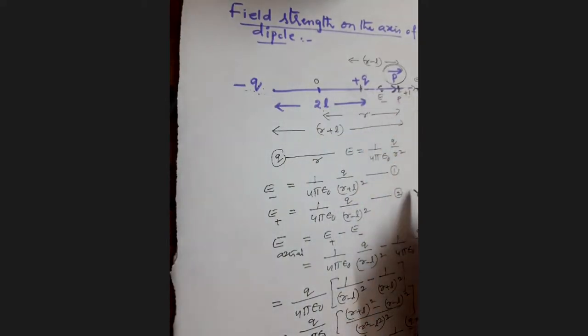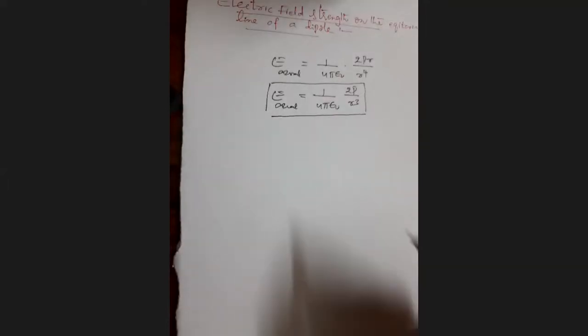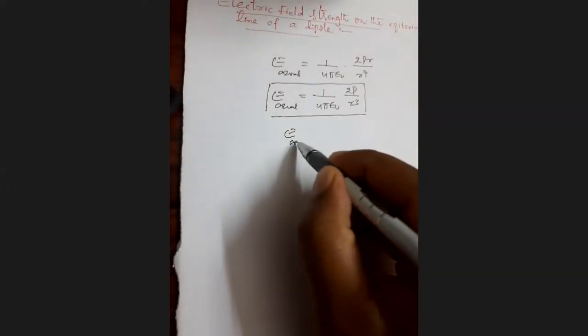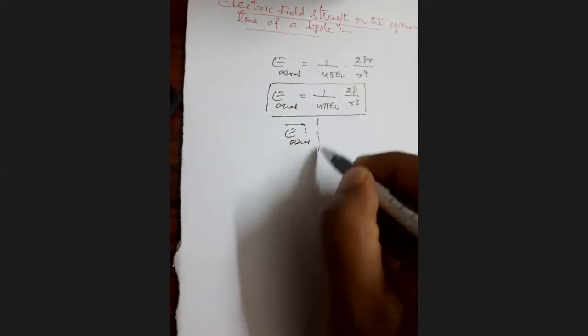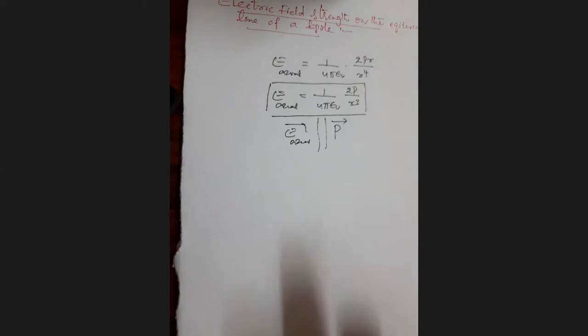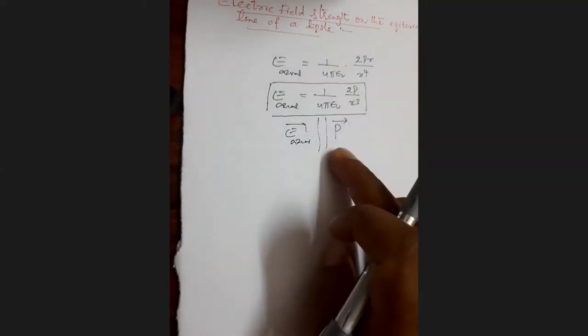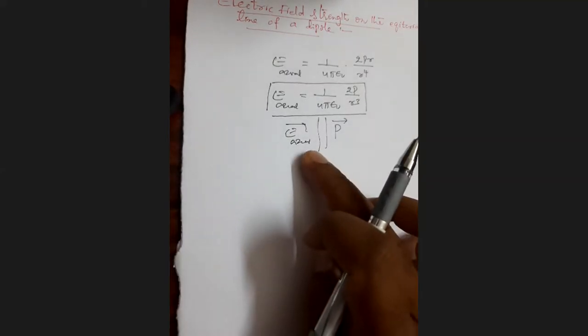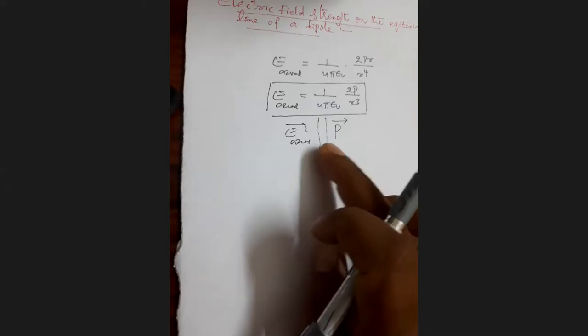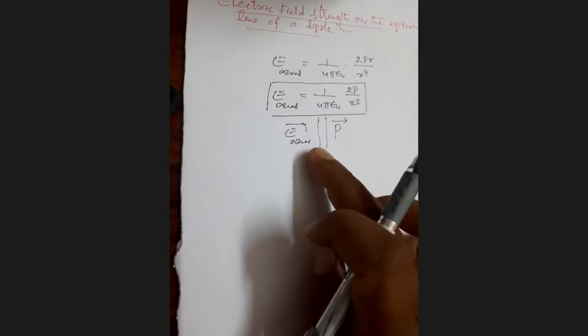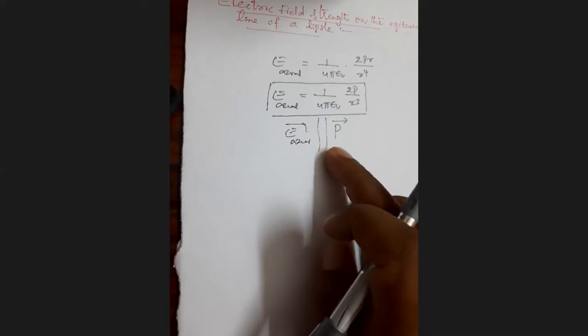Therefore, on the axial line, the field strength E axial bar is always parallel to P bar.